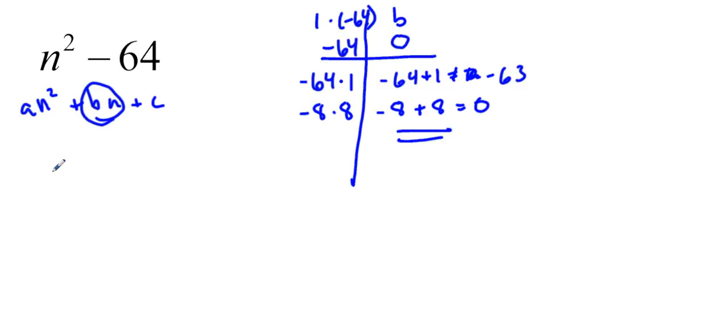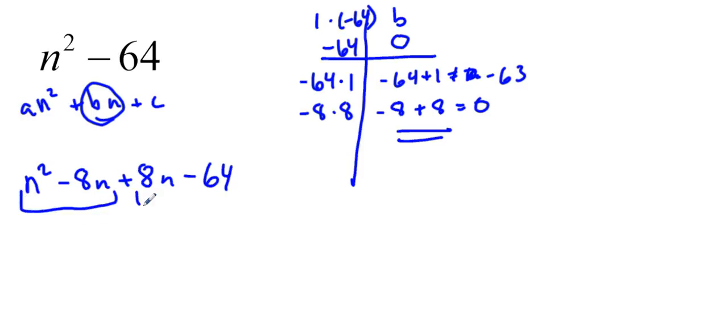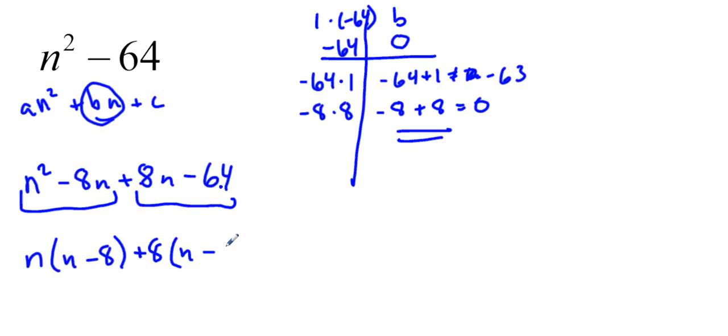These are our factors. So over here, we can write n squared minus 8n plus 8n minus 64. You can then group these just like we did all the other ones. We have n times n minus 8. And then what can we factor out of the other two terms? 8.